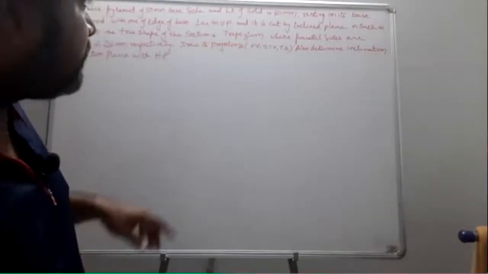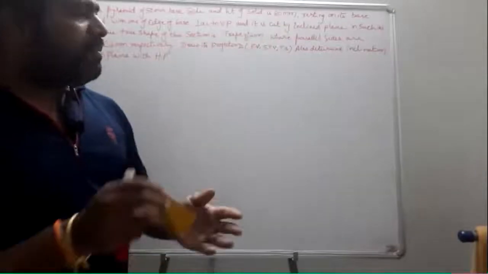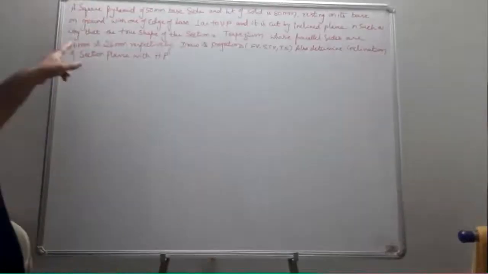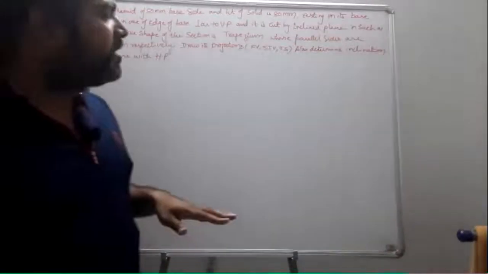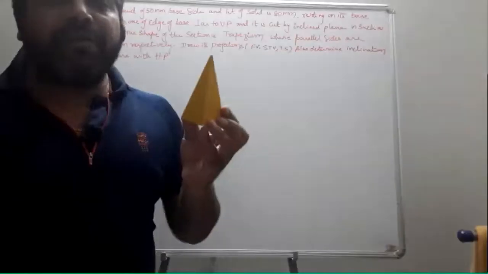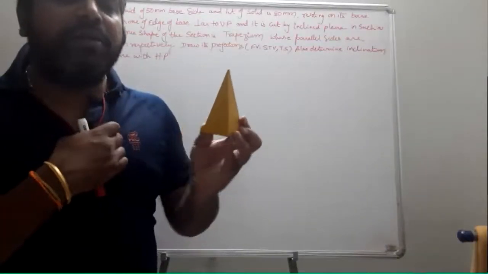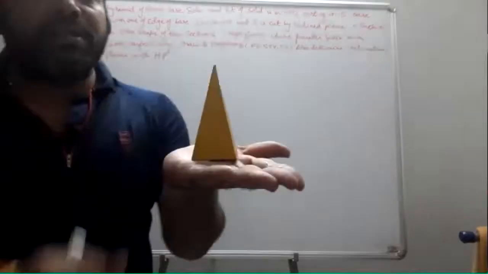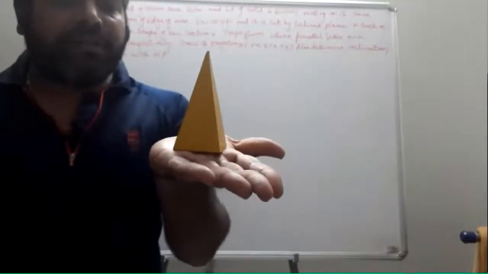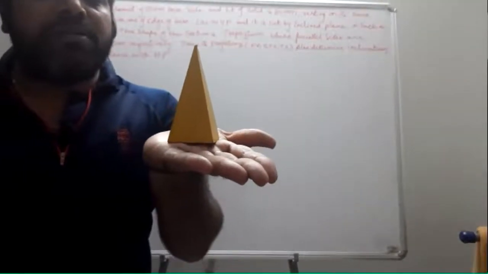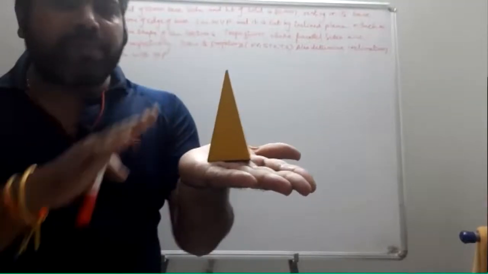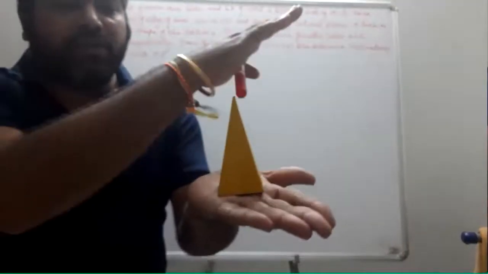Next, it is cut by an inclined plane in such a way that the true shape of the section is trapezium. Inclined plane means inclined to HP and perpendicular to VP, like this. This was your cutting plane.